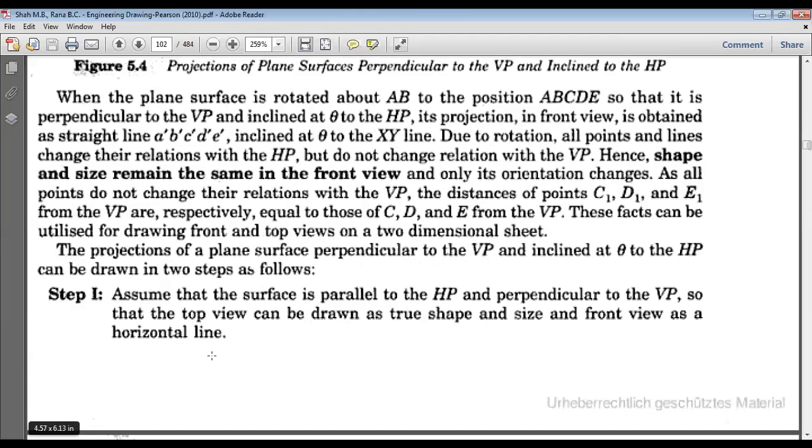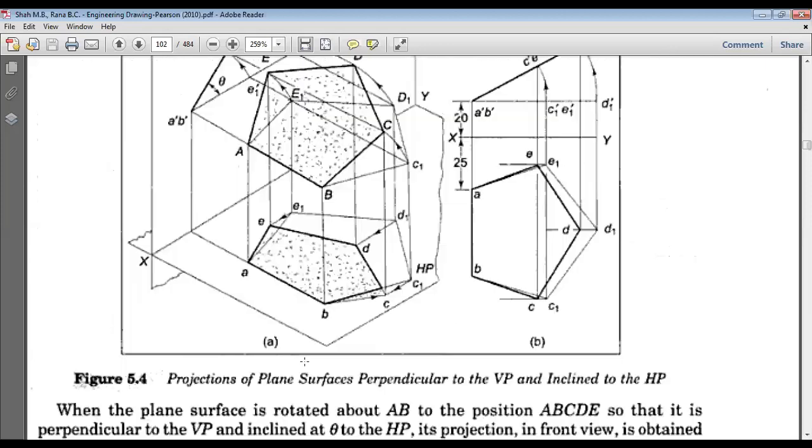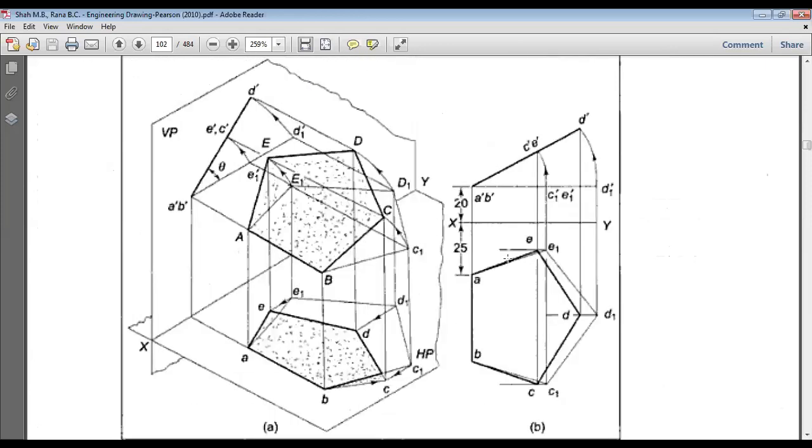See, what does step 1 tell? You have to draw the true shape in the case of the top view. So you just assume that this figure is not inclined. Archita, you just assume that this figure is not inclined. So if you assume that, this is the figure. See this figure, AB, and this C1, D1, E1.